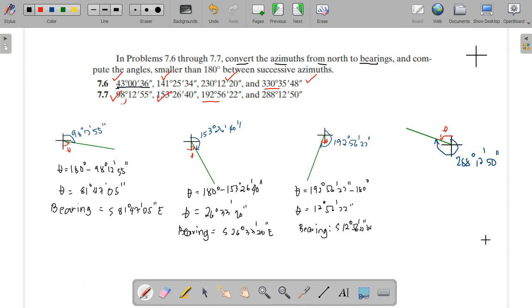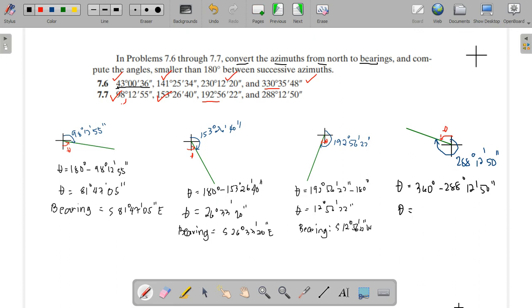Solving for theta, theta is simply equal to 360 degrees less 288 degrees, 12 minutes, and 50 seconds. So theta is equal to, plug in your calculator, 360 degrees minus 288 degrees, 12 minutes, and 50 seconds.